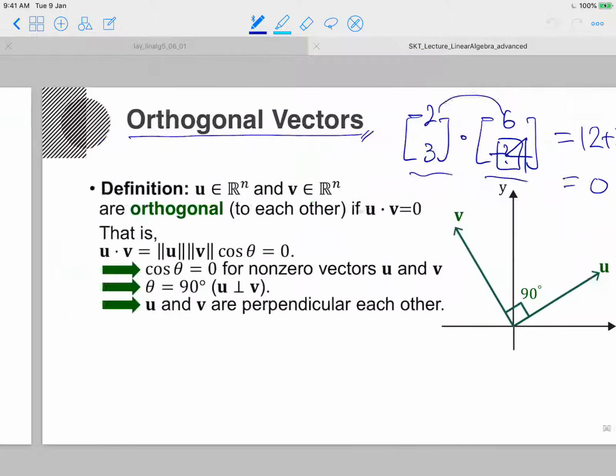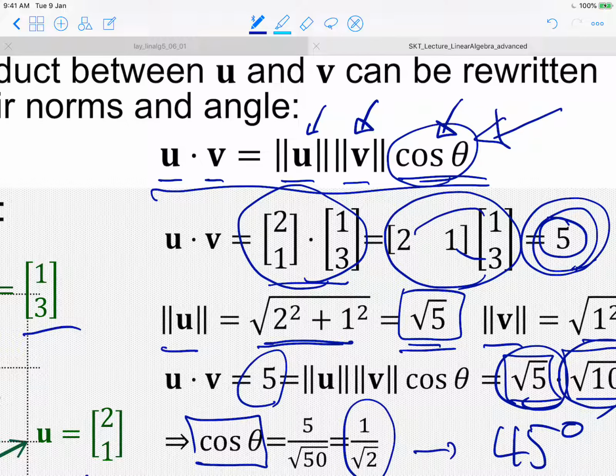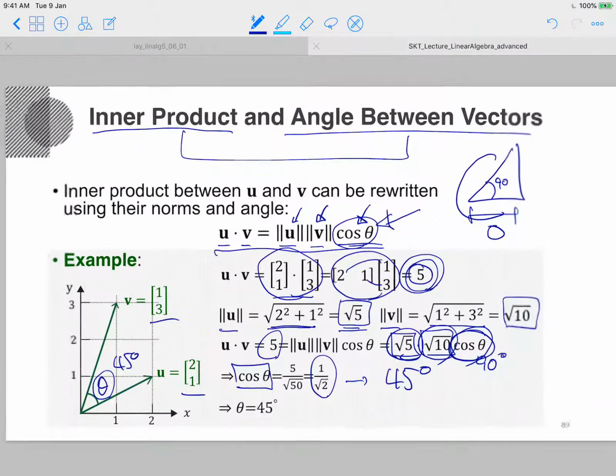Did we study it in this class? Probably not, right? So let me briefly discuss it. The inner product is actually the same as the product of the lengths of each of these two vectors and the cosine theta, where theta is the angle between the two vectors.